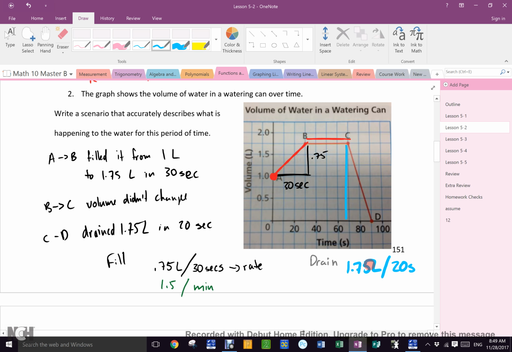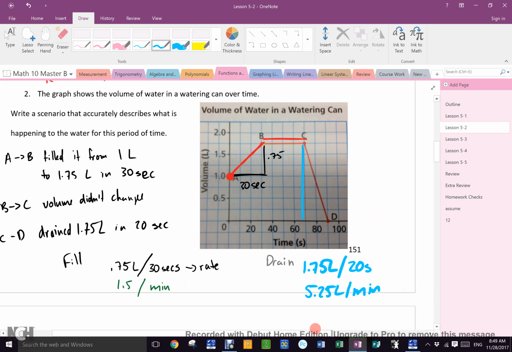Times by 3, which would be 5.25 per minute. Is everybody cool with that? That is what is called, it's got other names, but at this point in our math exploration, we are calling that a rate of change.